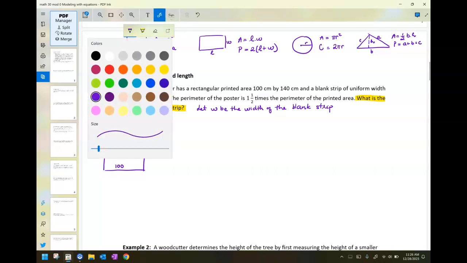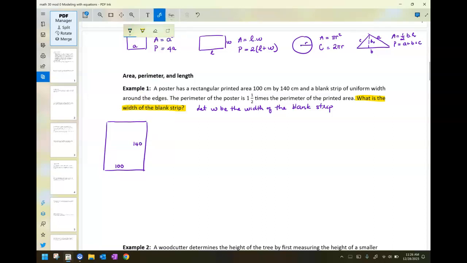Okay, so let's draw the edge, and this is a blank strip around it, and the width of this blank strip is W.